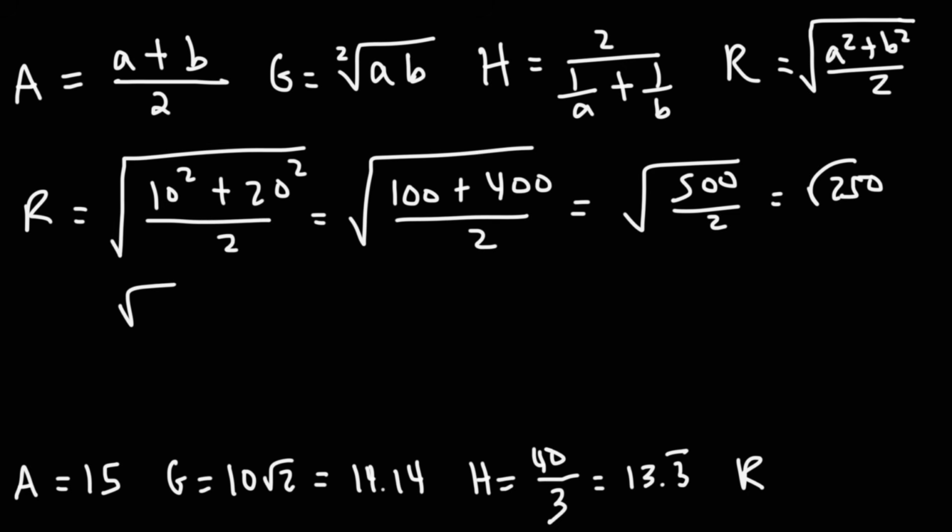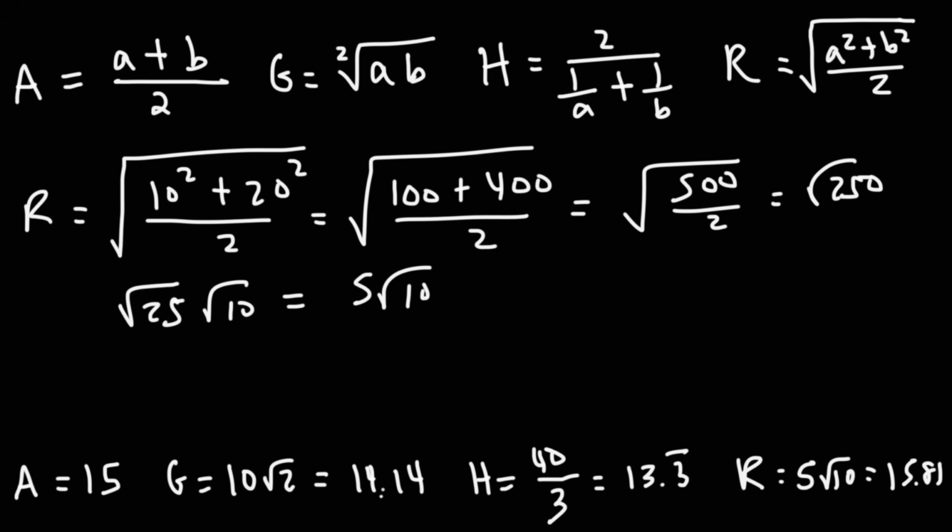So 250 is 25 times 10, the square root of 25 is 5. So we get 5 root 10, which as a decimal, that's 15.81. So notice that the root mean square gives us the highest value. The harmonic mean gives us the lowest value.